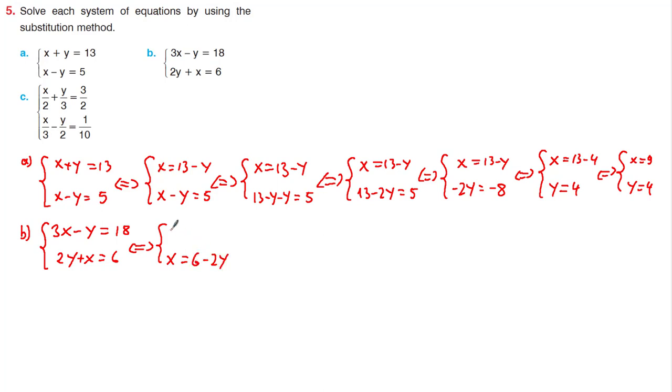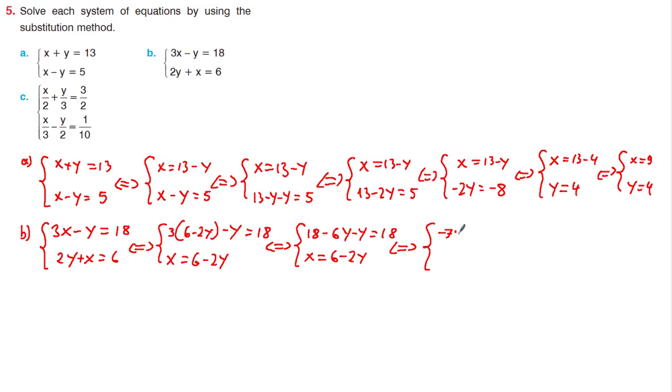Then you go back to the first equation and substitute 3 times x, which is 6 minus 2y, minus y, it's 18. Get rid of brackets: 18 minus 6y minus y is equal to 18. So we get negative 7y is equal to 0.